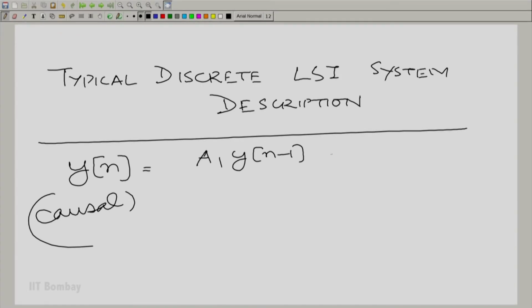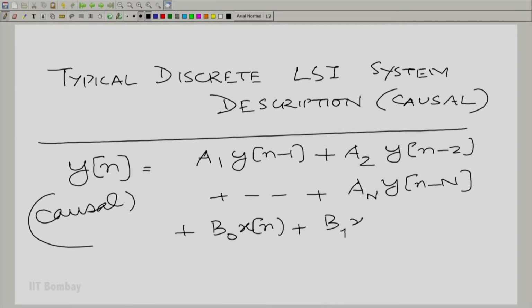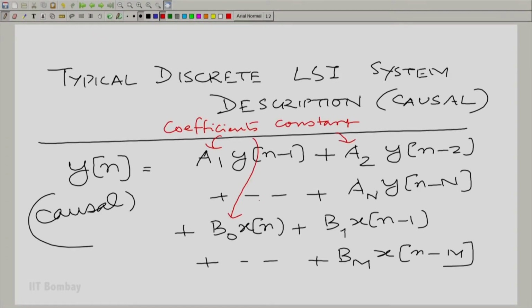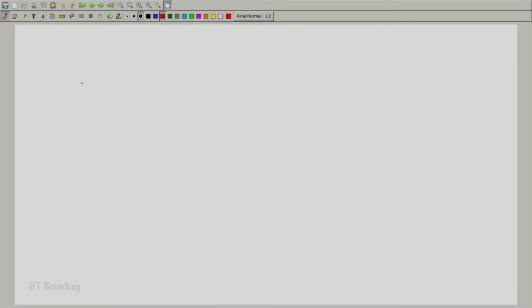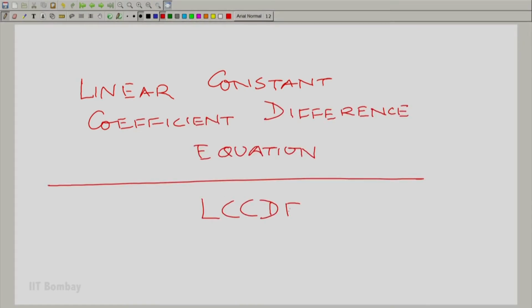We do not want to go into that right now, but anyway, a typical causal system description would look like this. So, here again, these coefficients are constant and the equation is linear in all terms. So, here again we have an LCCDE. The only change is that we are talking about a linear constant coefficient difference equation, difference note. There it was differential, here it is difference.